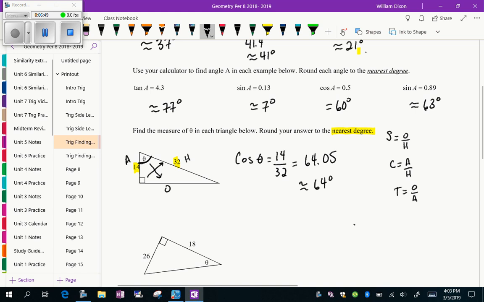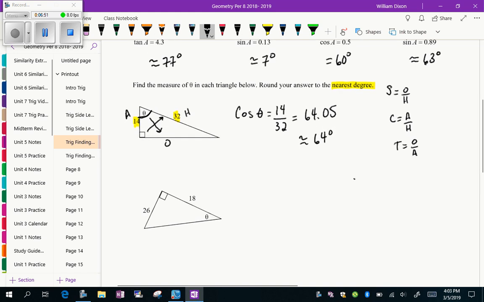For the next triangle, I'm going to approach the same way. Same strategy, I'm going to highlight my angle. I'm going to determine the side opposite, which is O. The side opposite the right angle is the hypotenuse, and the side next to it is the adjacent. I'm going to highlight which sides I'm given.